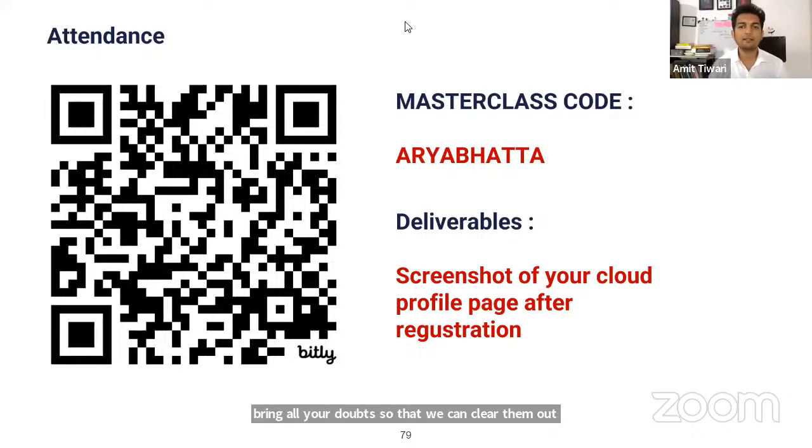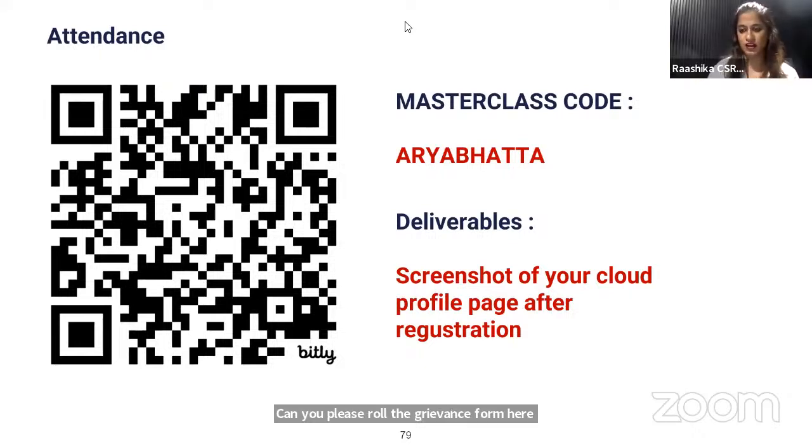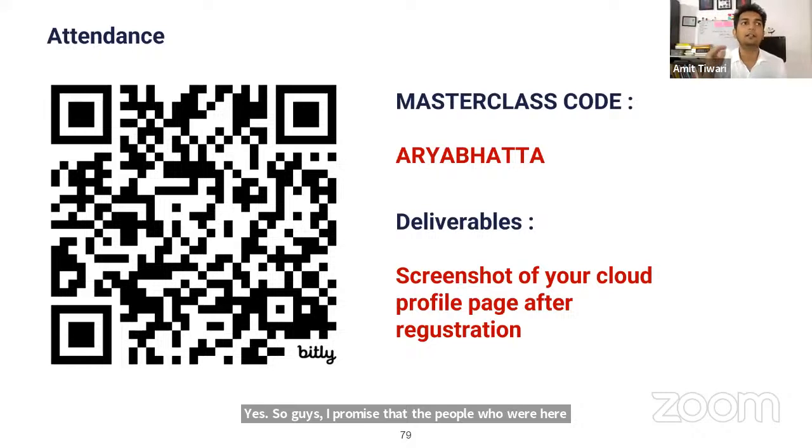Wait, Rashika, I asked the people who were having queries with their college not registered. Can you please roll the grievance form here? So guys, I promised that the people who were here and whose college was not registered, as well as those having problems with their email ID, there is a grievance form that you can fill with the problem that you have.